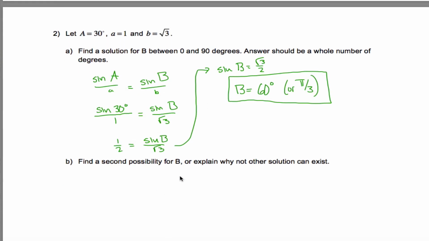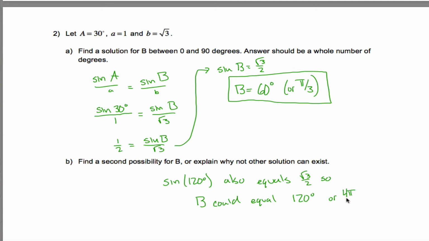But down here, I could say the sine of 120 degrees also equals root 3 over 2. So B could equal 120 degrees, which I could write as 2 pi over 3 if I had a thing for radians.